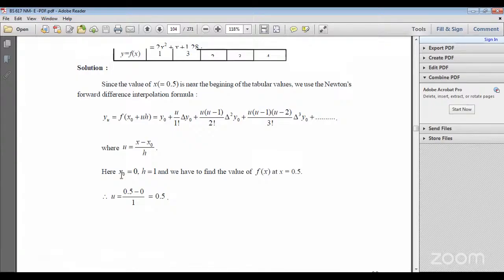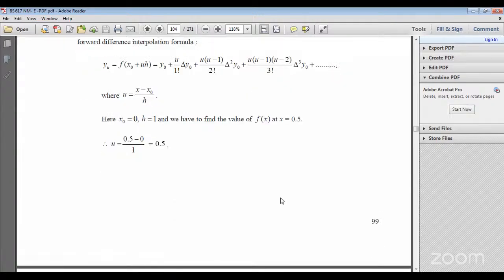So f of x naught plus u h equals y naught plus u by 1 factorial del y naught, plus u(u minus 1) by 2 factorial del square y naught, plus u(u minus 1)(u minus 2) by 3 factorial del cube y naught, where u is equal to (x minus x naught) by h. So I am taking this value of 0.5.